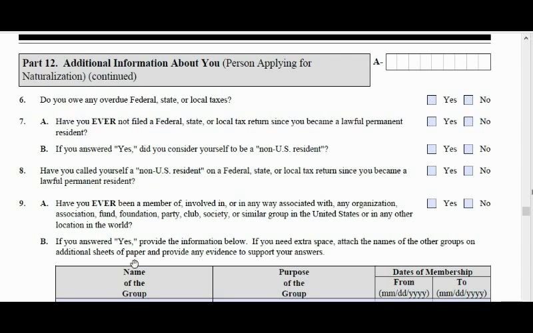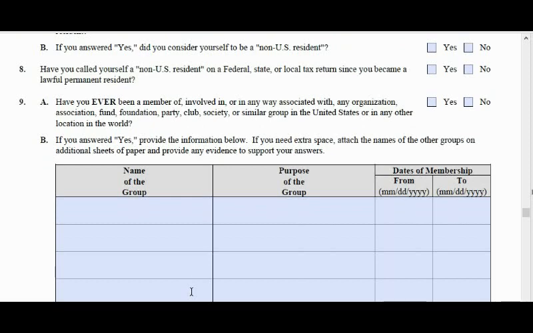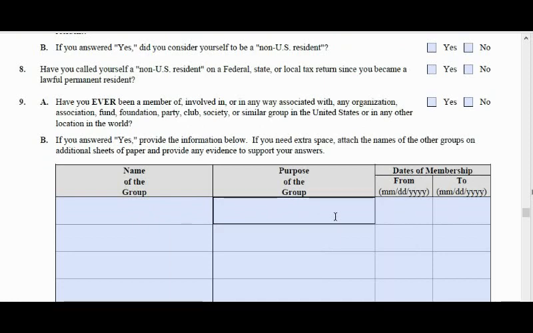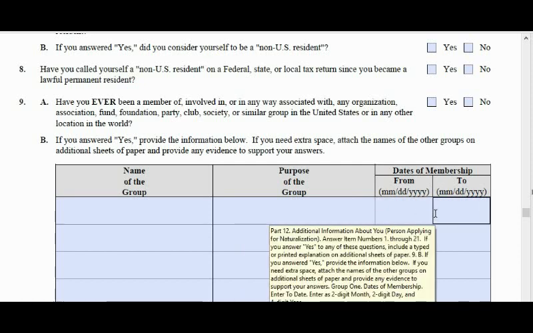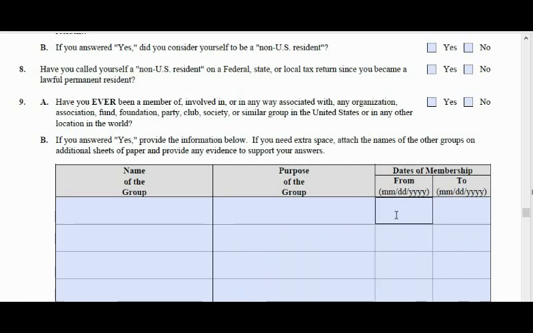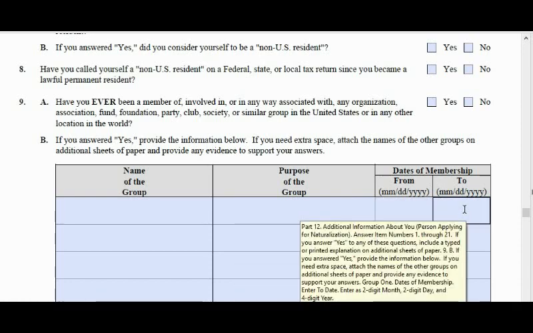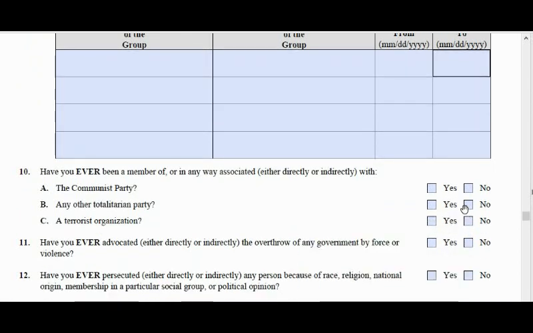Then you provide information about that group or club or society: the name of the group, the purpose of the group, the mission of that group, and the date you joined the group, from the day you joined to the day you left the group. If it's a different group, you have to list those different groups over here.